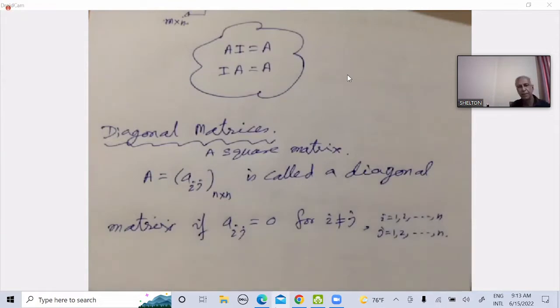Because diagonal matrices are there only for square sizes.